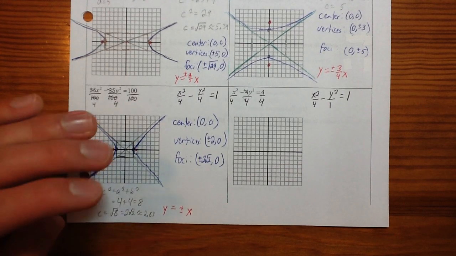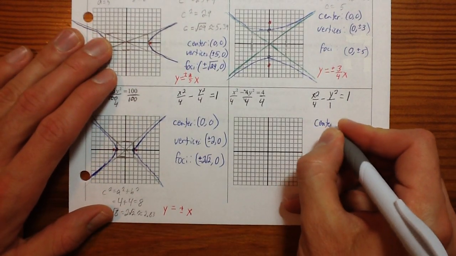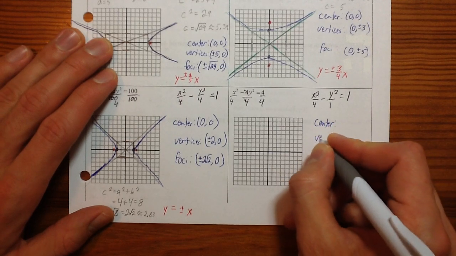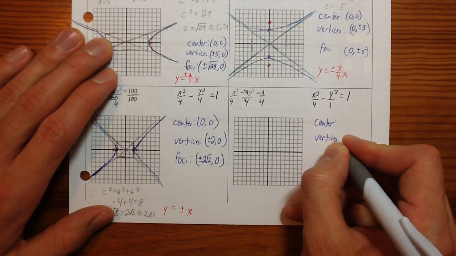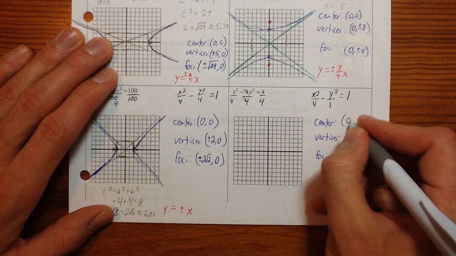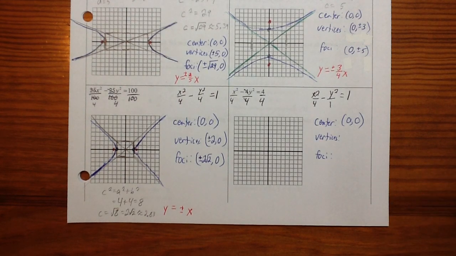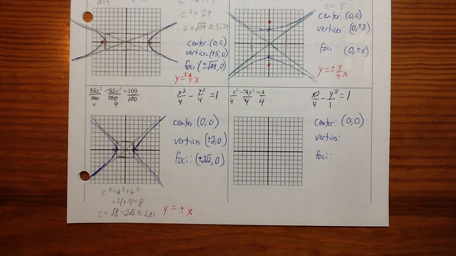And good grief, let's just go ahead and start writing some stuff. We know where the center is. We're about to find out where the vertices are. And we're about to find out where the foci are. Center's at 0, 0. That changes when we get to the back on one of the problems. But for now, we'll just leave it at 0, 0. Alright.